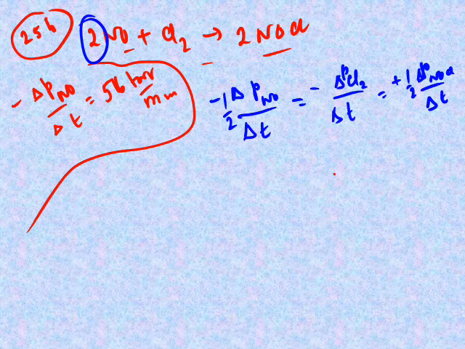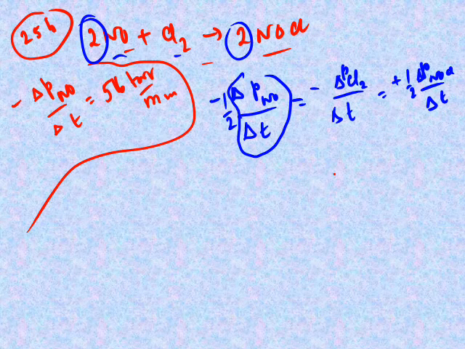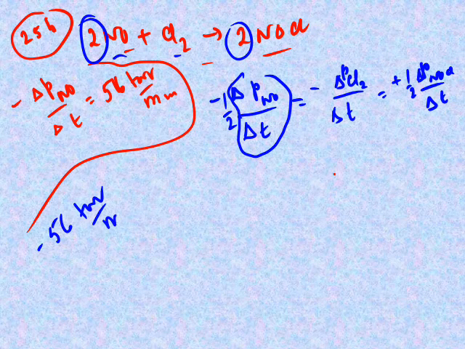So basically I wrote down rates in terms of each of these substances, NO, Cl2 and NOCl. Since you have 2 here, that's why it's 1/2 here. So now we already know the value for NO is dissipating, so that means this value is 56. So NO is dissipating at the rate of minus 56 torr per minute, because that's given. Now, when NO is dissipating, Cl2 is also dissipating, but not at the same rate.